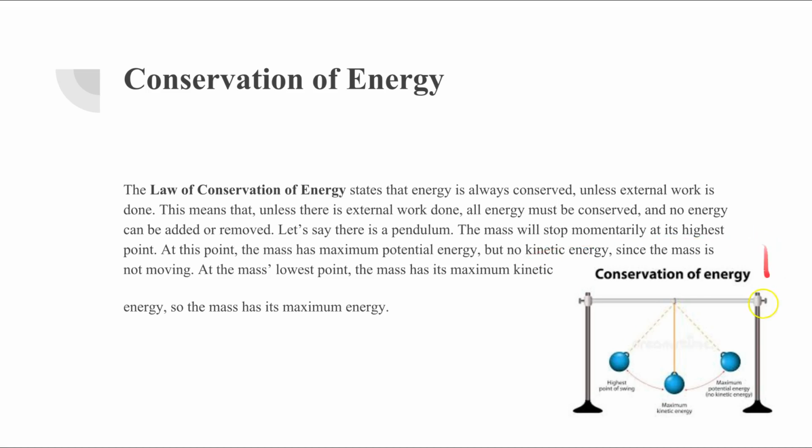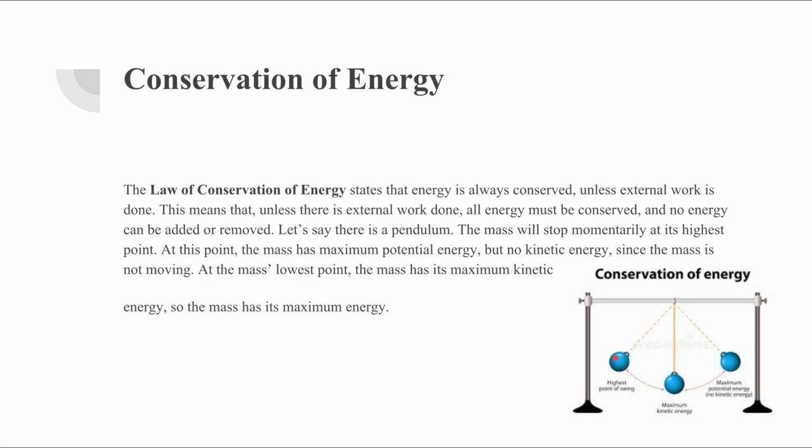Okay, so you have a pendulum over here, a little pendulum swinging back and forth. When it's swinging like this, it will stop momentarily at its highest point. At its highest point, all the energy will be gravitational potential energy. Okay?